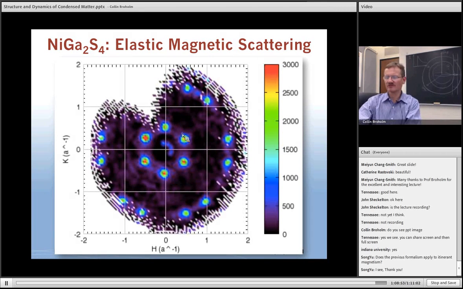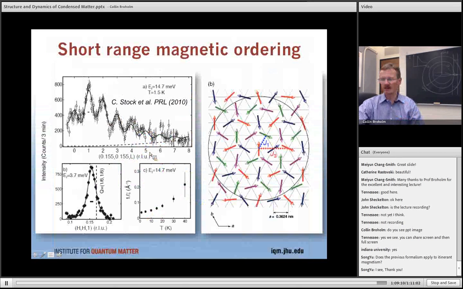We see those features, and so the results which were inferred from the powder diffraction measurements were completely borne out later when we carried out diffraction experiments on single crystals once they became available. So there you have it.